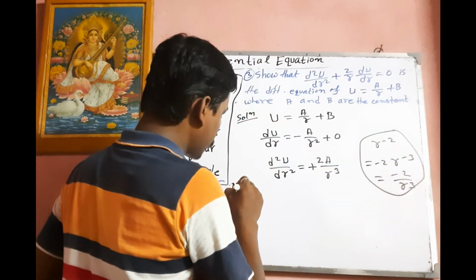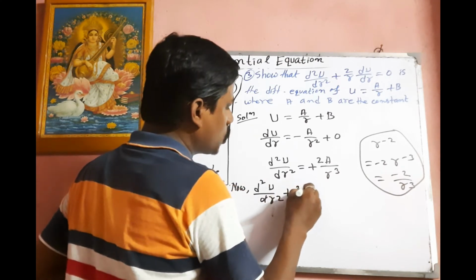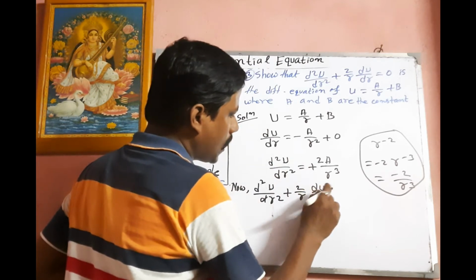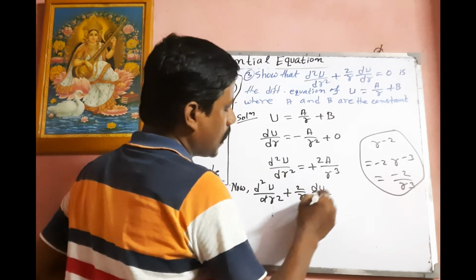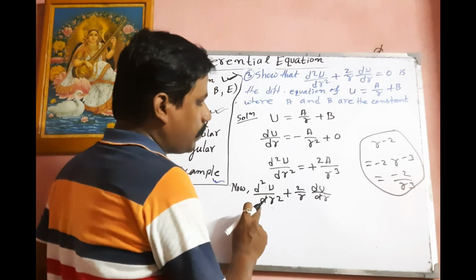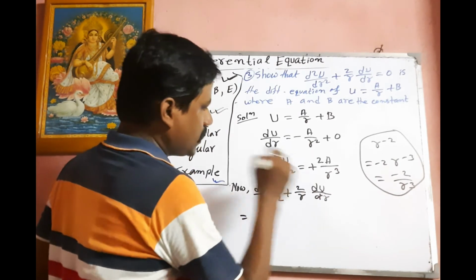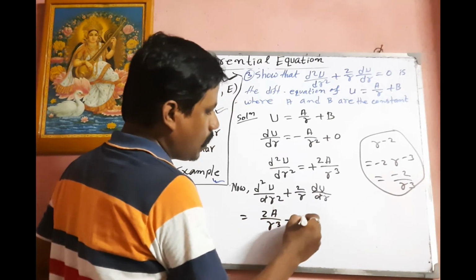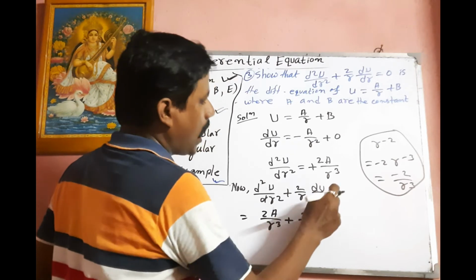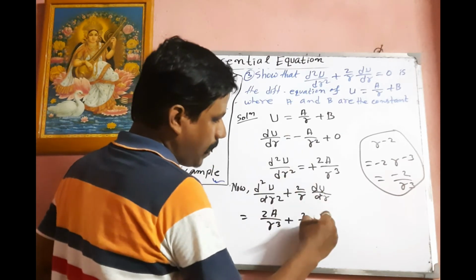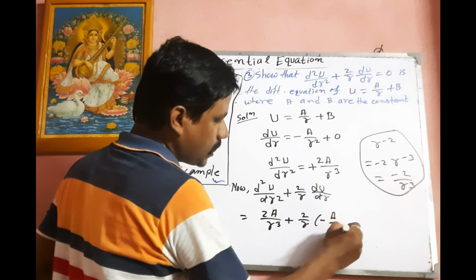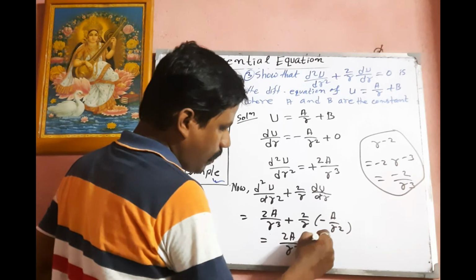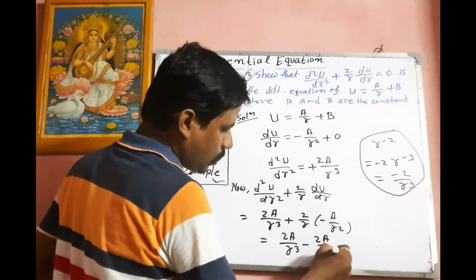Now plus (2/r) du/dr. Now putting the value of this one and that one, that is 2a/r³ plus 2/r times minus a/r², that is 2a/r³ minus 2a/r³.